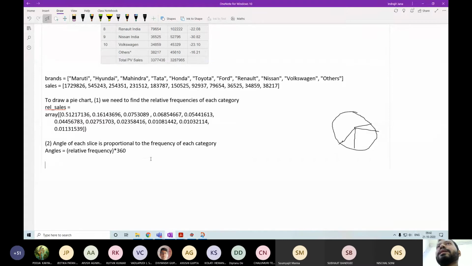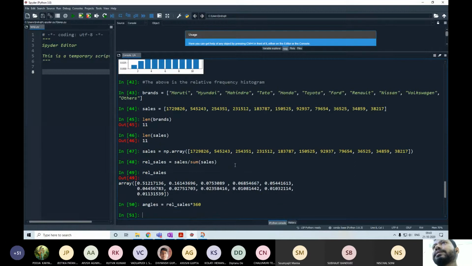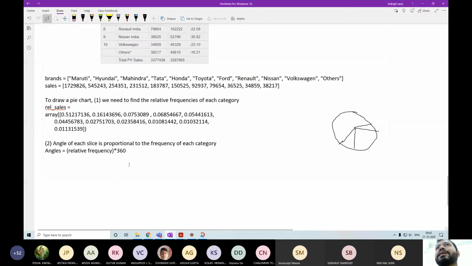So if I do it here, what are the angles? Angles are going to be the relative sales times 360. So angles are that. A different company will get different angles, a different slice of this pie chart.